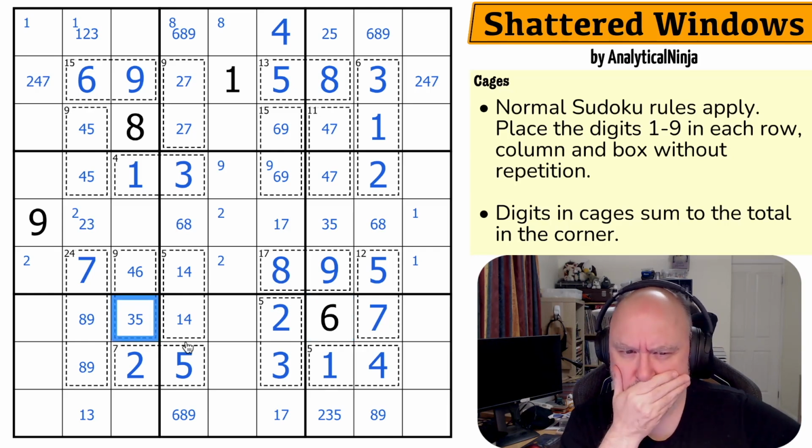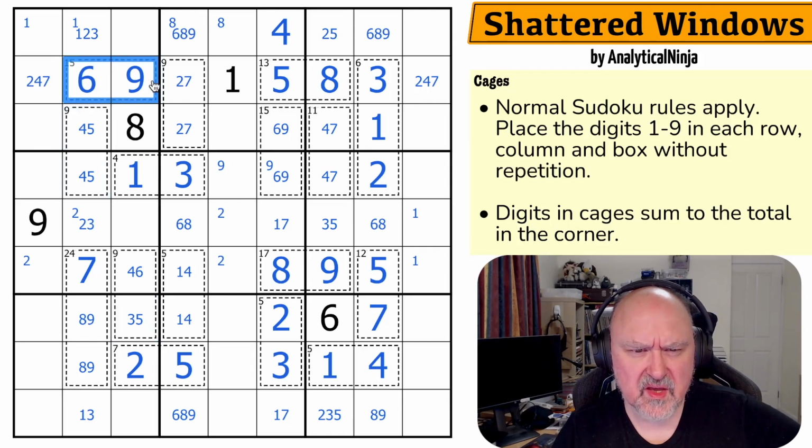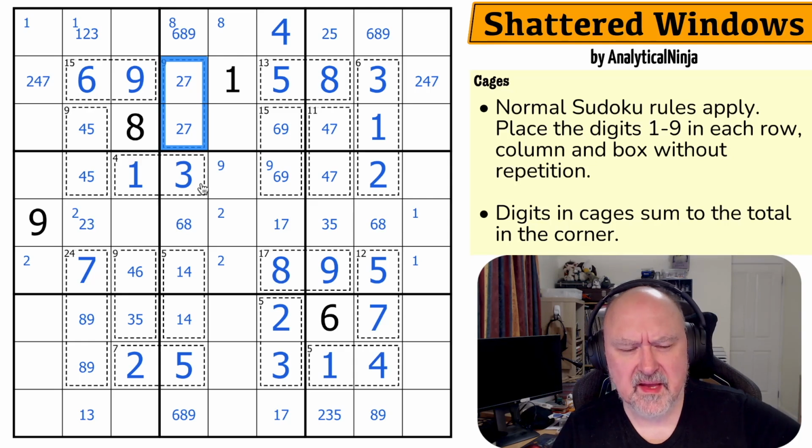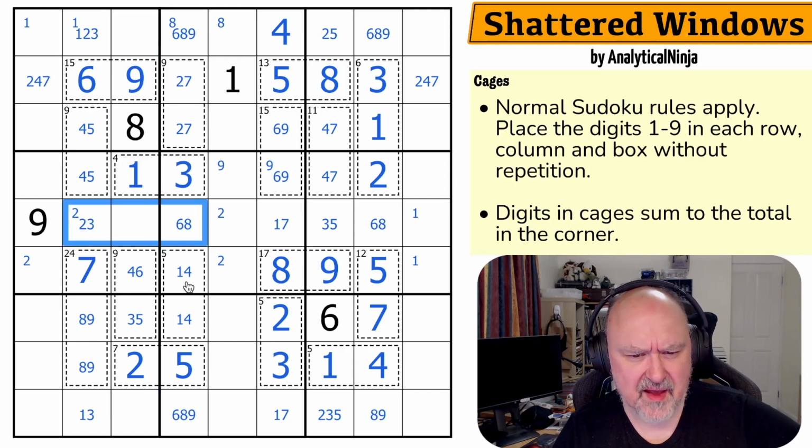Okay. Have I missed something with the cages? Like, if this is a Windoku, I can start writing in digits, but I don't have proof this is a Windoku, do I?